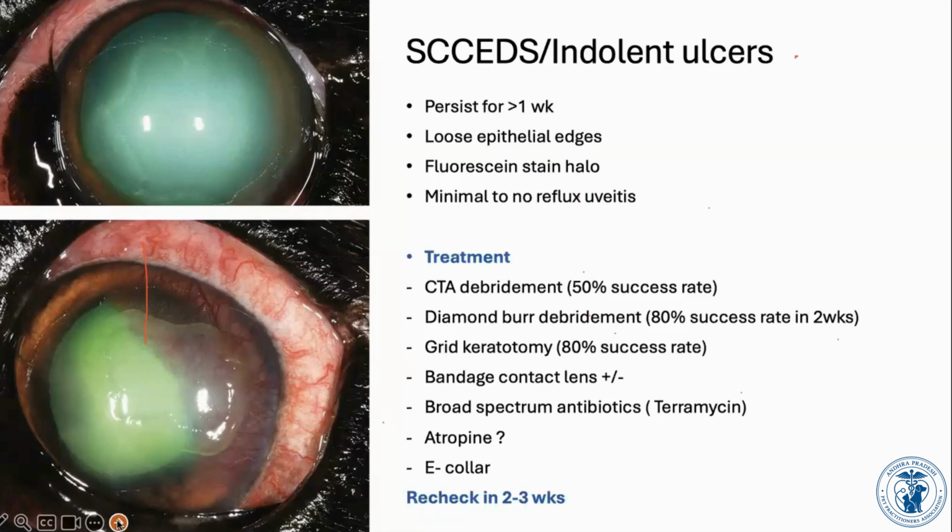And usually with CTA debridement, there is a 50% success rate. So there will still be 50% of cases which are not going to get better with just CTA debridement. If it is not getting better, then we have to go for a diamond burr debridement or grid keratotomy. Grid keratotomy is something we can do at all the clinics. It doesn't require very hi-fi machinery.